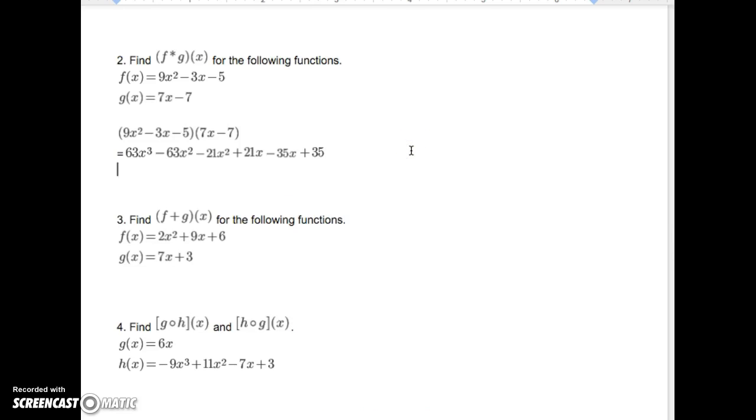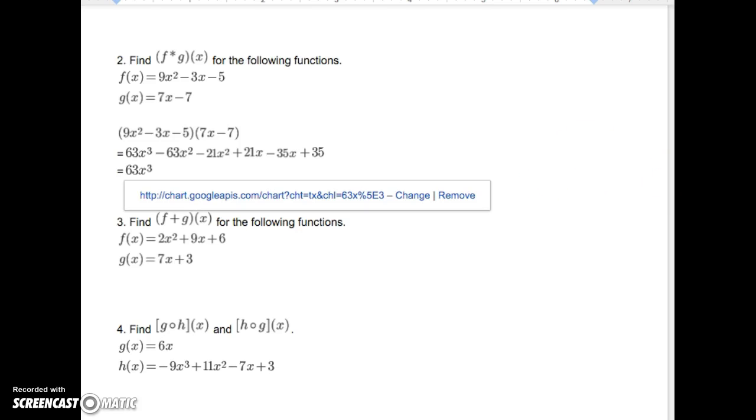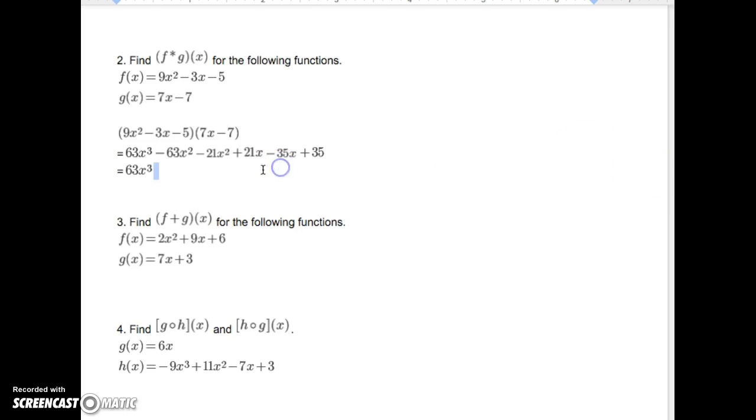And so from here what we need to do is just combine our like terms. There is only one x cubed term, so that's going to stay the same. We'll still have 63x cubed. Then if we look at our x squared terms, we have a -63 and a -21, and together that makes -84x squared.